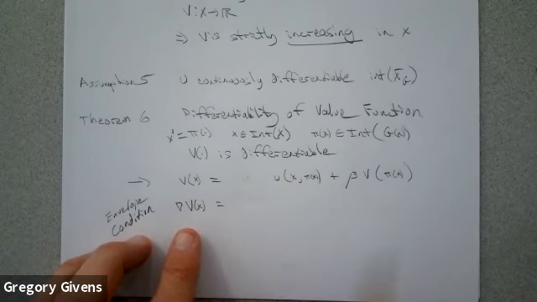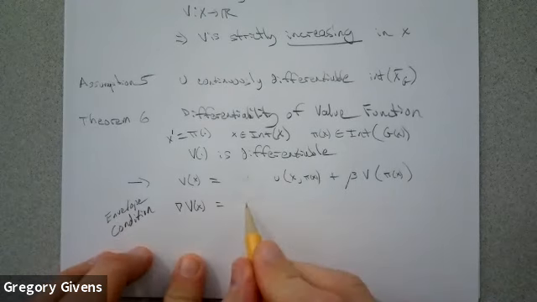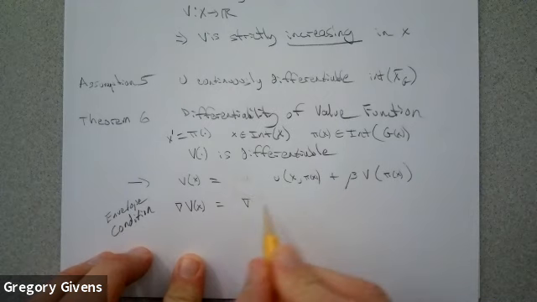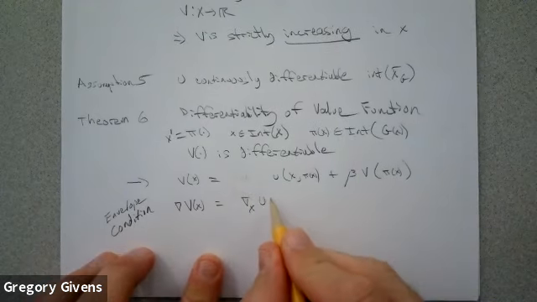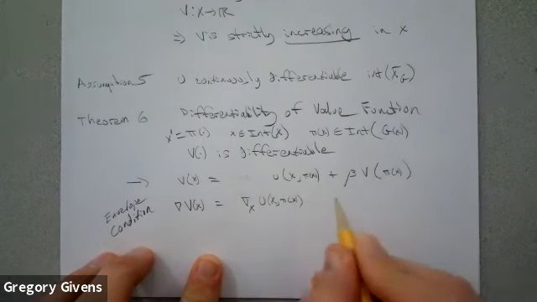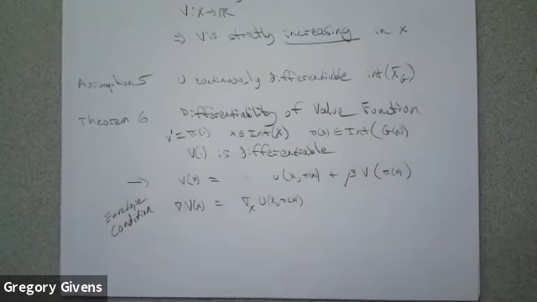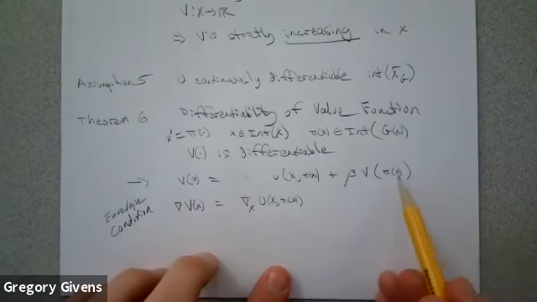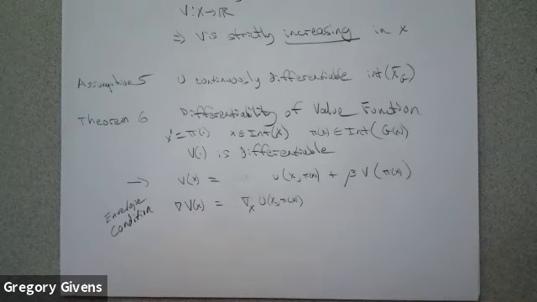I can ignore all those chain rule arguments, and this becomes just the gradient of u with respect to the first k elements evaluated at x and pi of x. And that's it, right? Because here, x only enters the value function in the next period through pi.